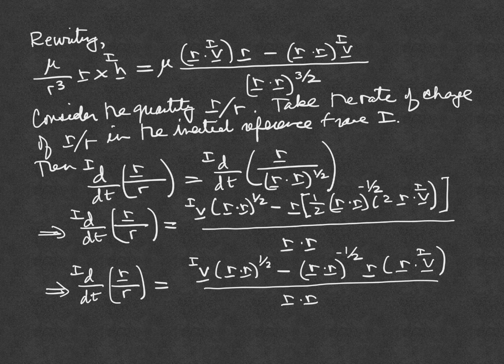Now that doesn't seem like it really helps a whole lot, but suppose I multiply the numerator and denominator by r dotted with r to the 1/2. Then what do I get?